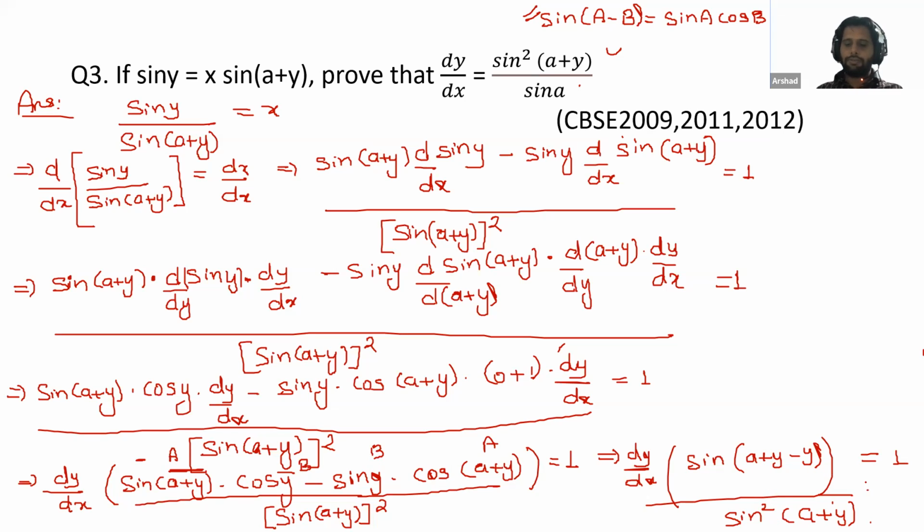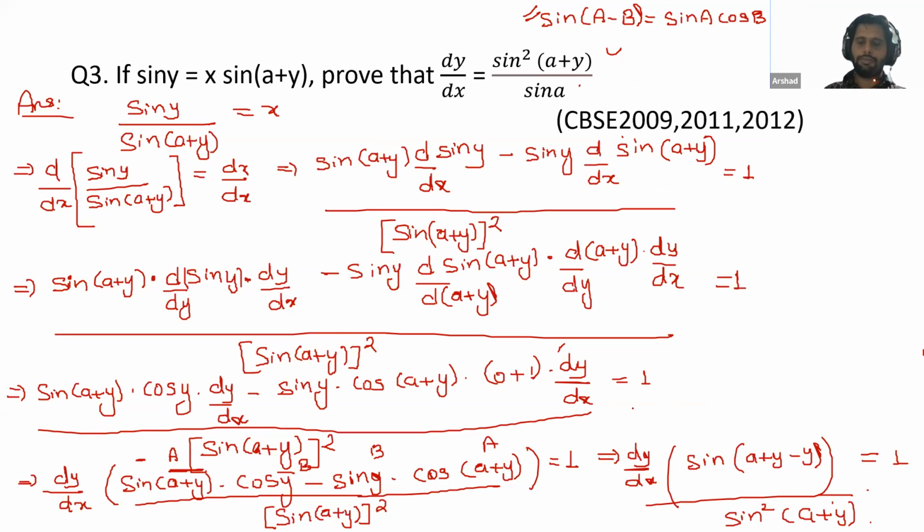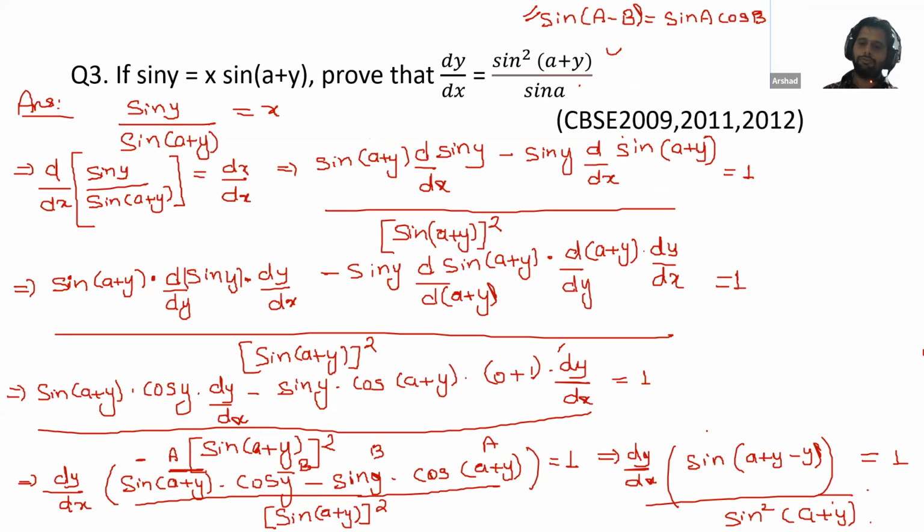Okay, now the next step is, oh, I don't have the space. Sorry, so I will do it here. Now dy by dx into this, the y will get cancelled out, so you will get A here.